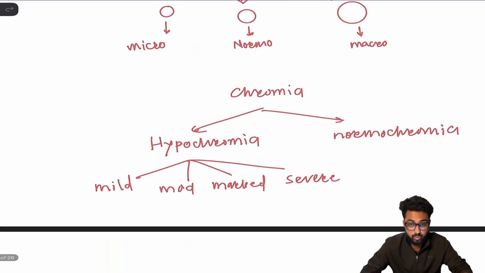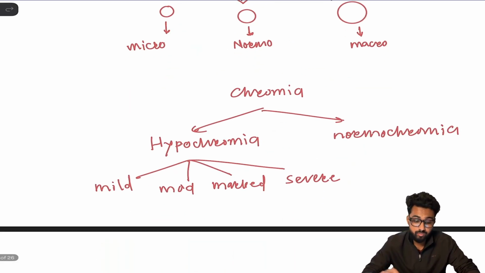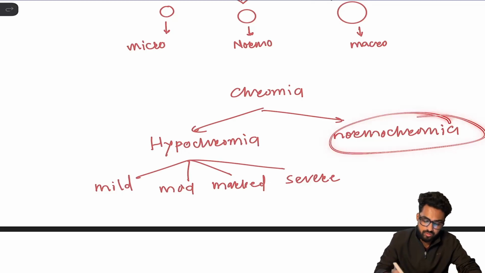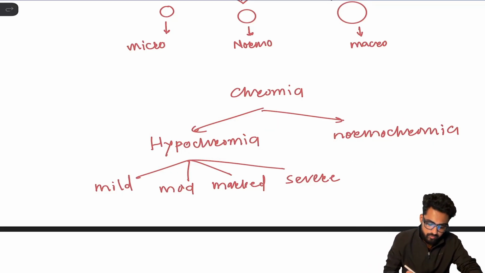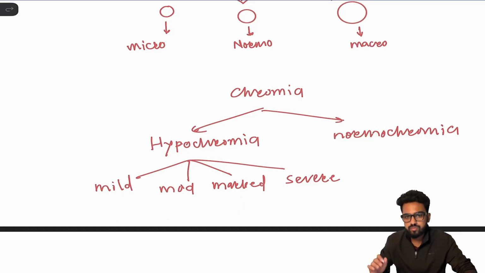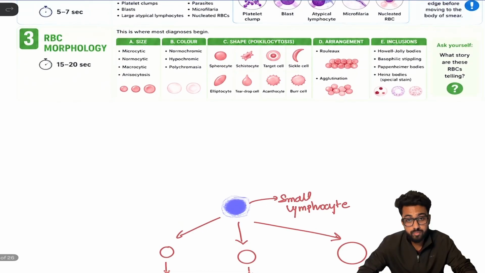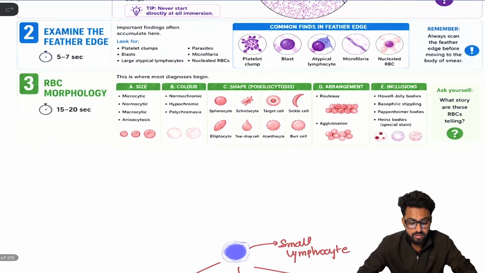Then next is the chromia. Chromia is the second important feature. So it could be normochromic or hypochromic. Then in hypochromia there are again four categorizations: mild, moderate, marked and severe. So depending on the RBC pallor you should grade.